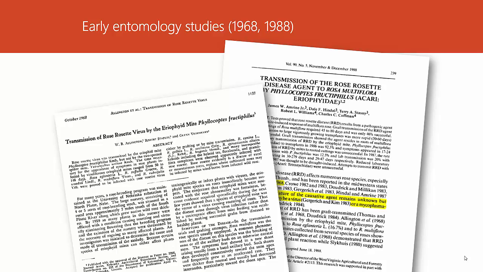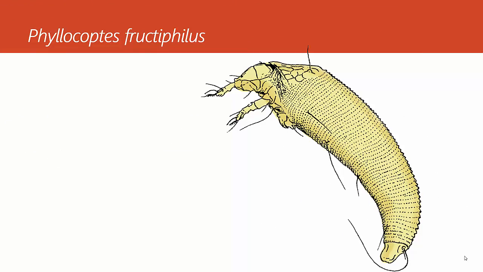Both of the early authors were able to show that Phyllocoptes were the ones transmitting the disease, and they also showed that mites taken from asymptomatic plants were not capable of transferring the symptoms. So that kind of nails it down as far as the mite's concerned. It doesn't mean it's the only way the disease can be transmitted, but it does suggest very strongly that this is the primary culprit.